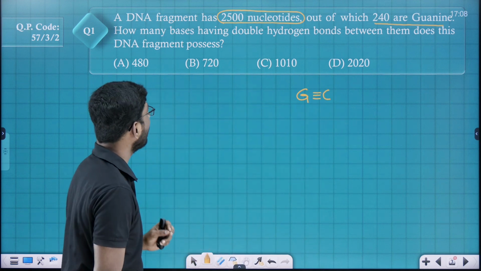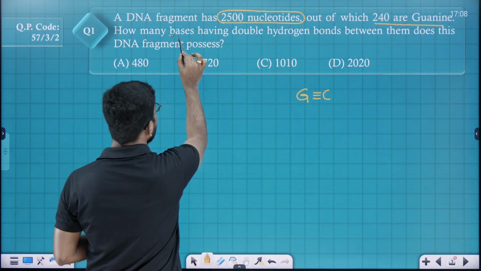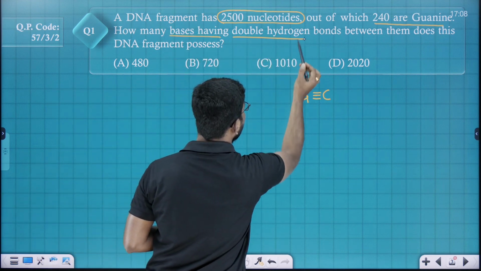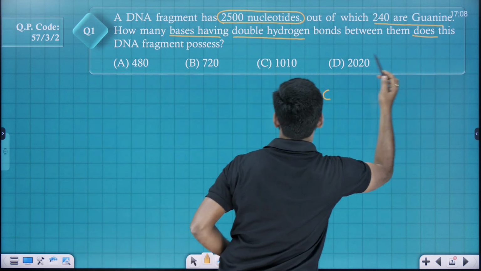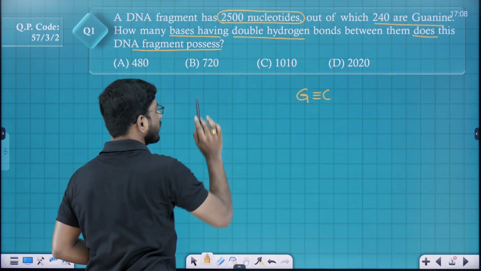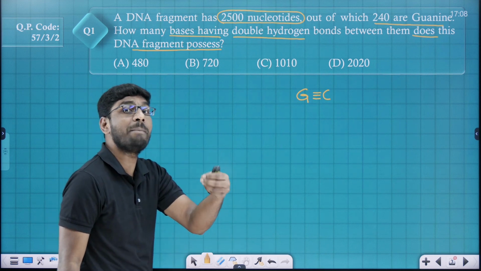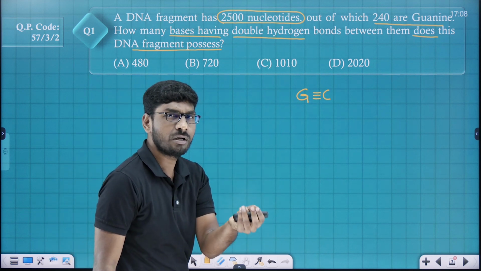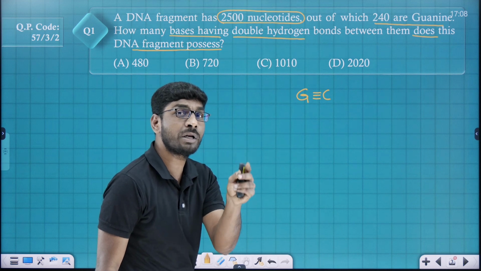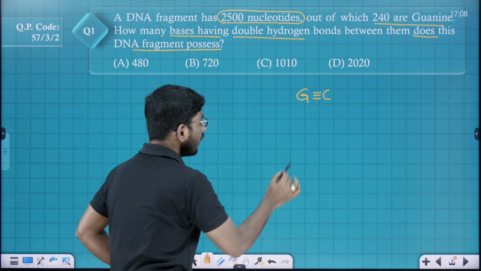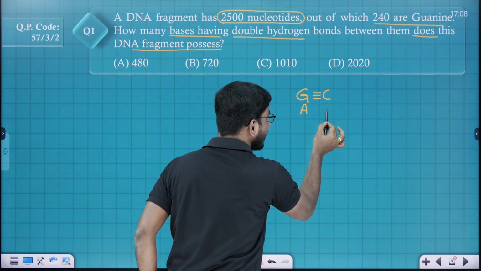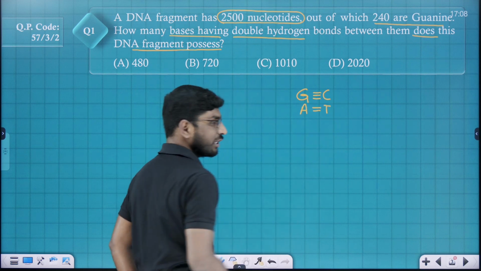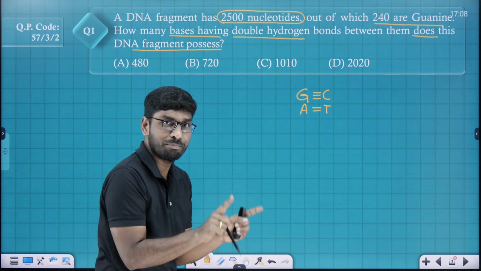Now, how many bases having double hydrogen bonds between them does this DNA fragment possess? They're asking how many of them are double hydrogen bonds. Double hydrogen bond is between A and T. Between G and C there is a triple hydrogen bond, and between A and T there is a double hydrogen bond. This is a simple base pair rule.